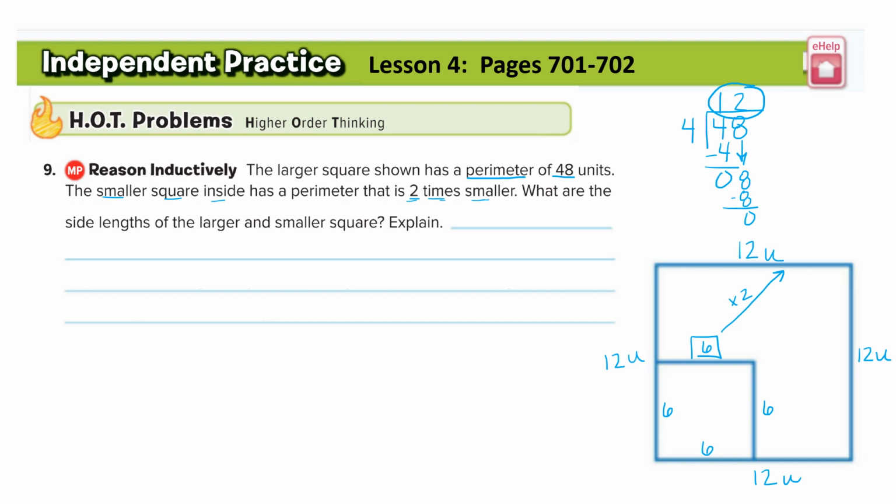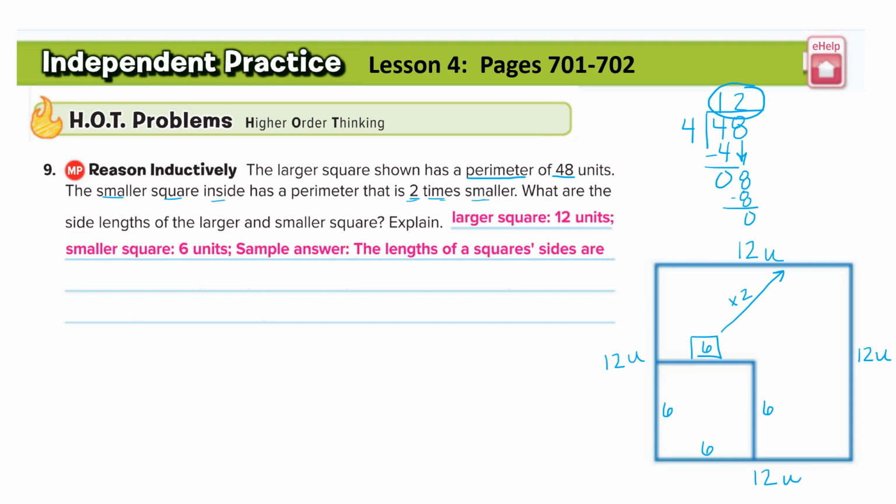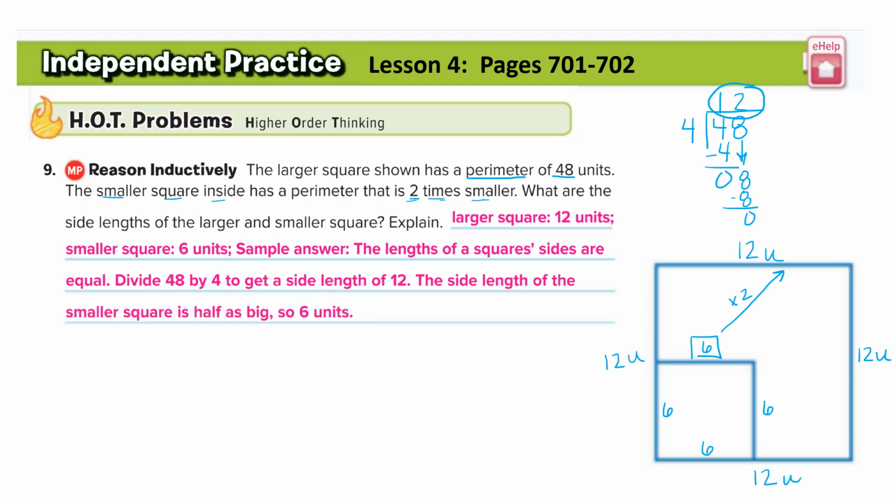So what are the side lengths of the larger and smaller square? Larger square is 12 units, smaller square 6 units. Sample answer. The lengths of a square's sides are equal. Divide 48 by 4 to get a side length of 12. The side length of the smaller square is half as big, so 6 units.